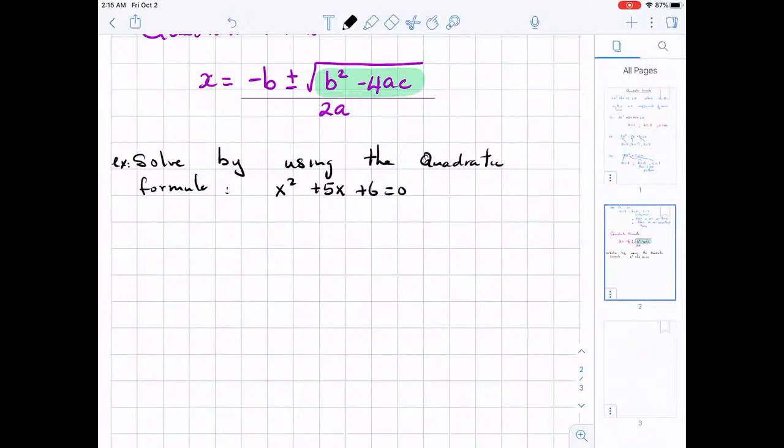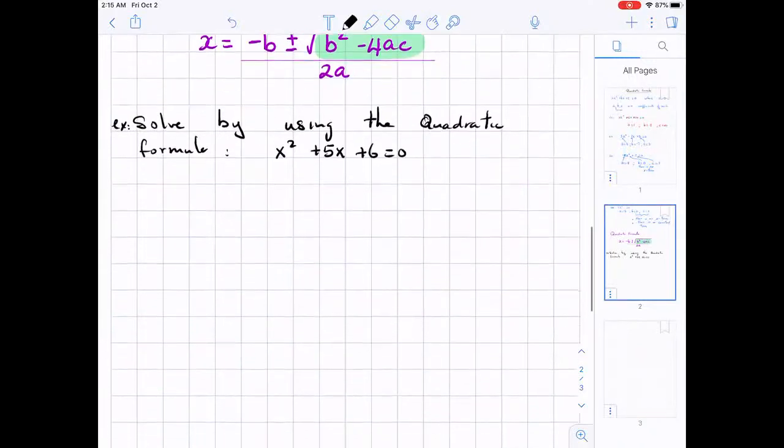So the first thing to do is identify a, b, and c. We have a with a coefficient of 1. So this is our a. We have b, which will be 5. And we have c, which is equal to 6.